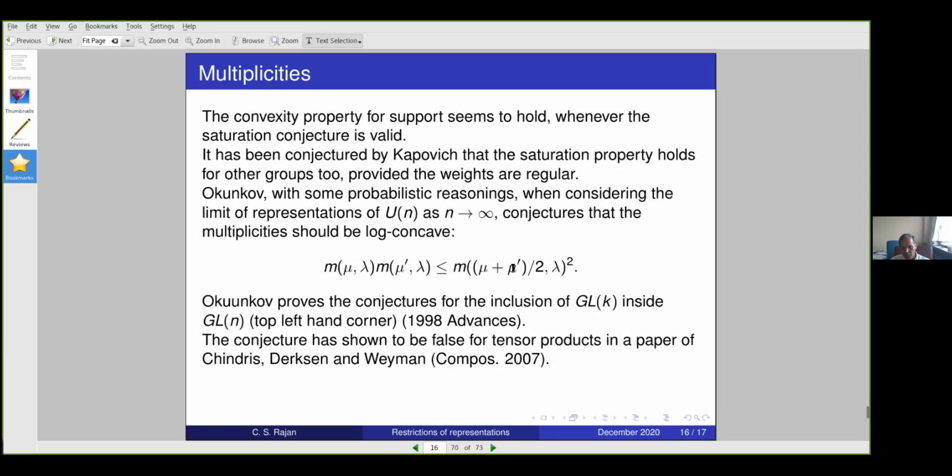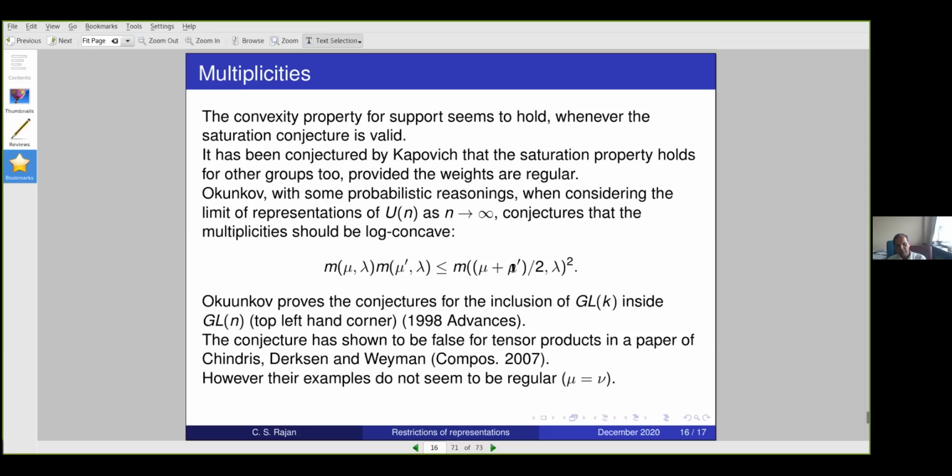But this conjecture has been shown to be false for tensor products in a paper of Chindris, Dirksen, and Wyman, 2007. But their examples are, in a sense, not regular, because they take the tensor product of a representation with itself and look at its decomposition, and they see that the log concavity property for the multiplicities does not hold.